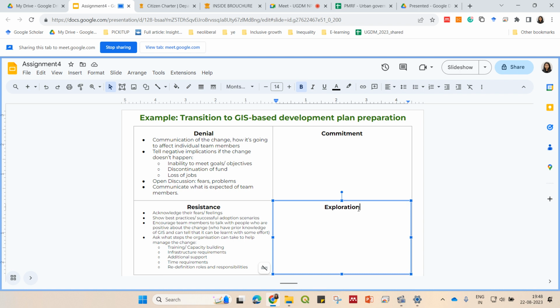So exploration, as you might remember from our discussion just now, is a phase where they have gone past the resistance, they have reached acceptance that the change has come, they have to accept it no matter if they want to or not. They cannot resist the change, they cannot will the change to go away.